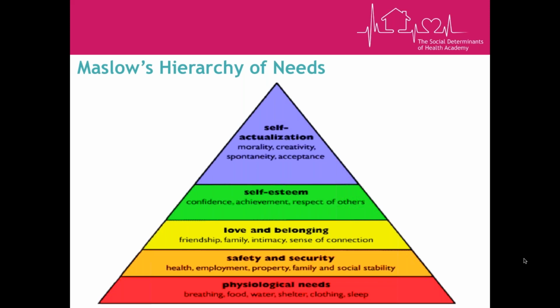The lowest levels are called deficiency needs because a person does not feel anything if they are met, but becomes anxious if they are not met. So we are dealing many times with populations who have neither shelter nor food, and because these two basic needs are not met, they feel much anxiety around this.